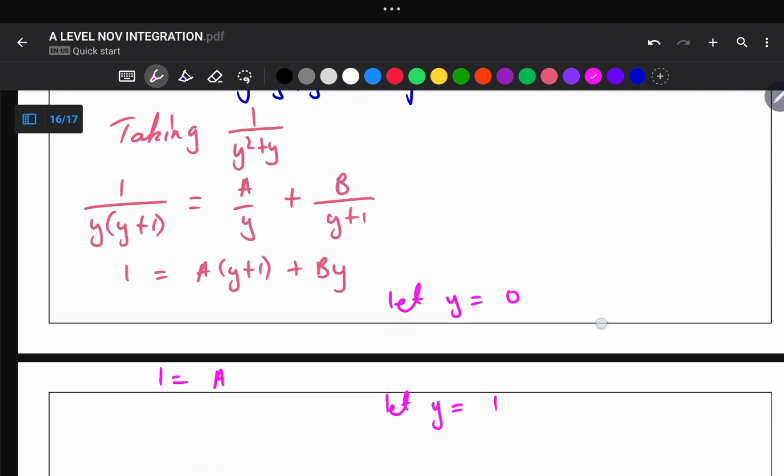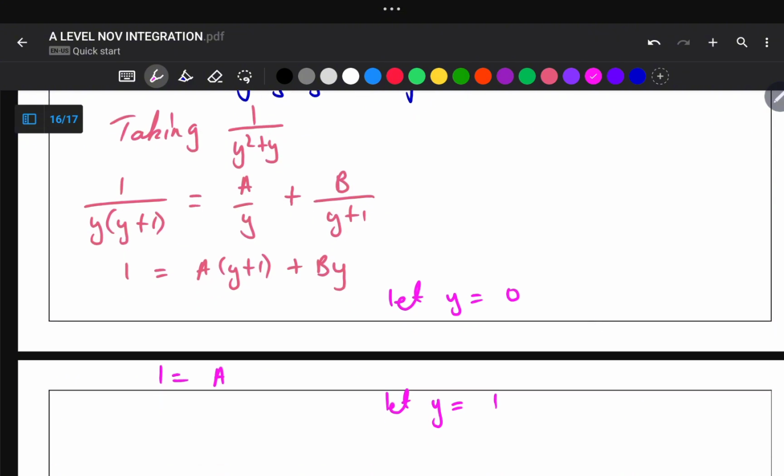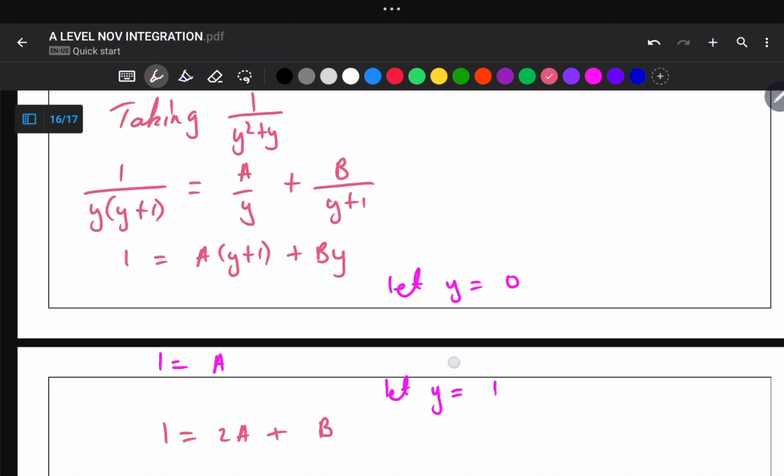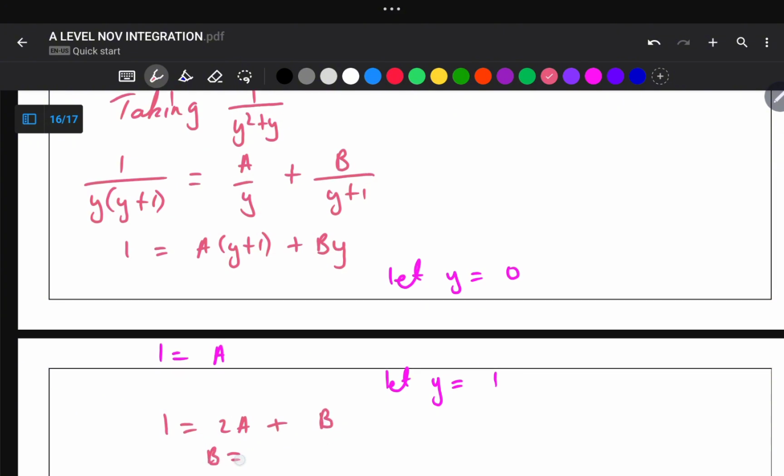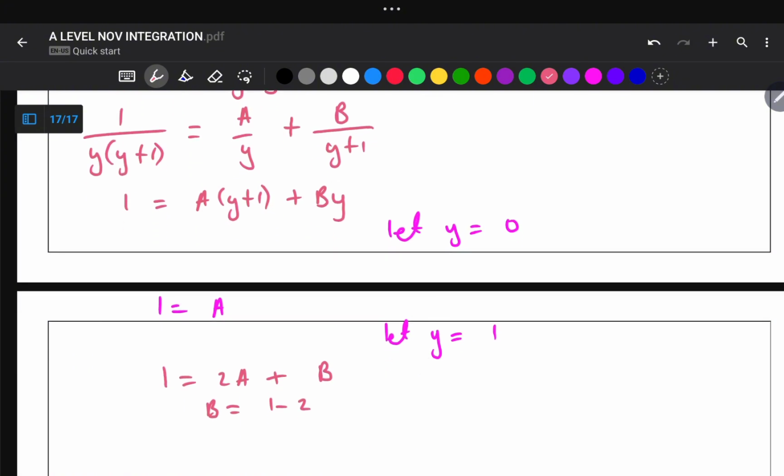If y is equal to 1, this gives us 1 being equal to 2A plus B, so B is equal to 1 minus 2A. A is equal to 1, so it is 1 minus 2, which is equal to negative 1.